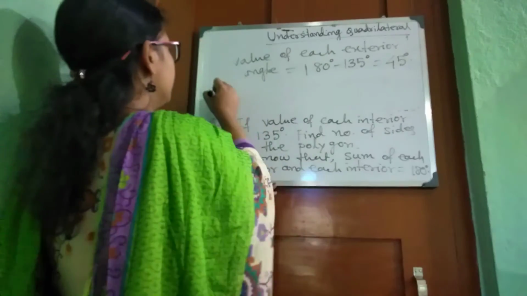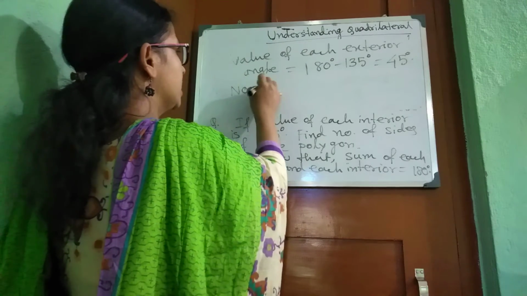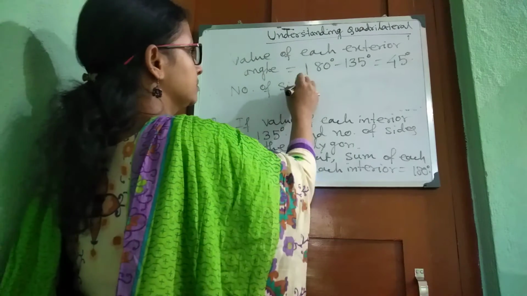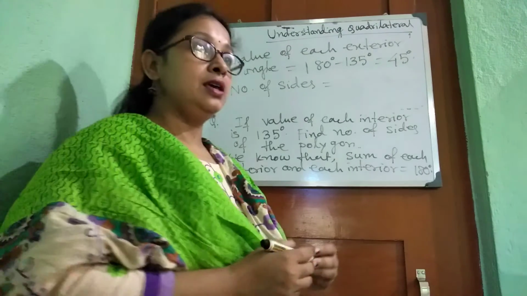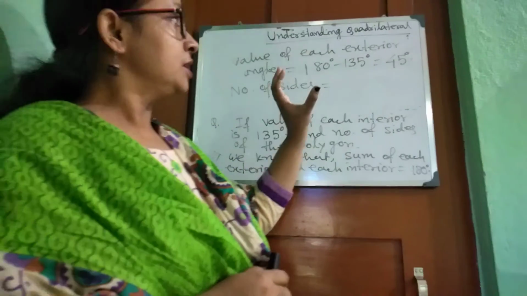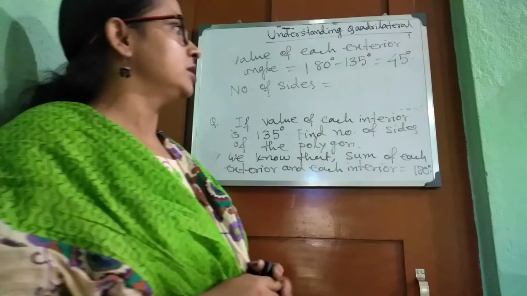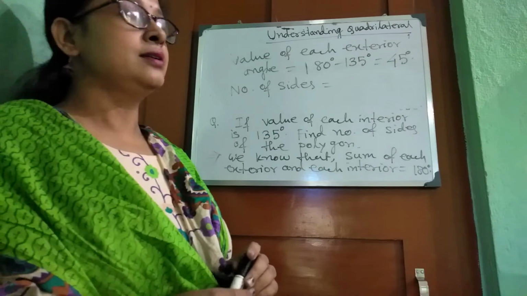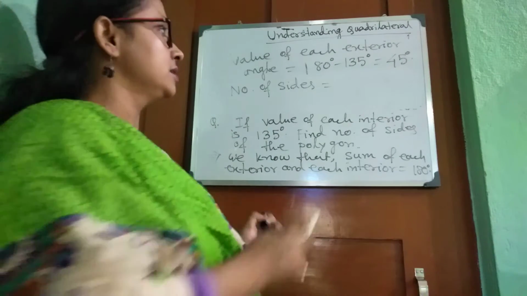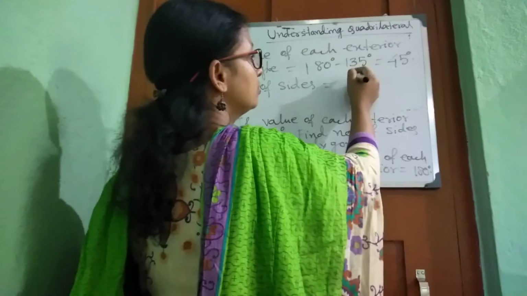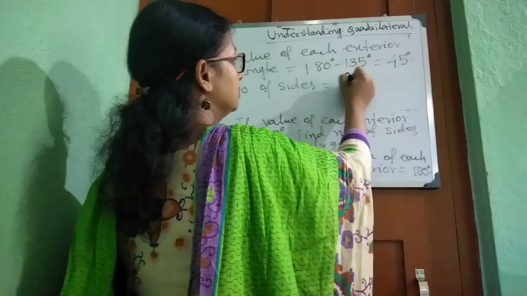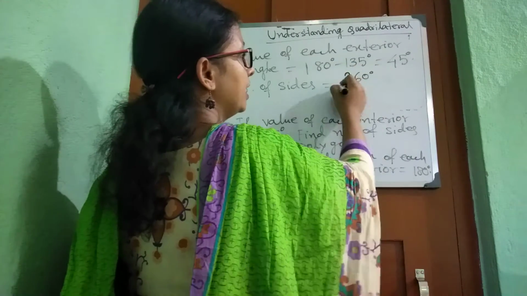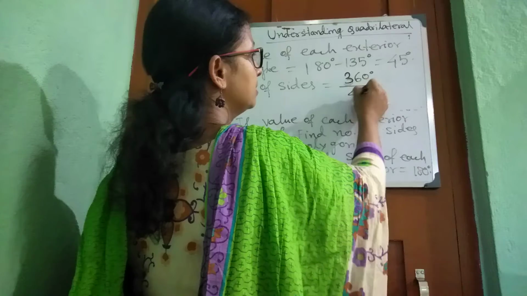Okay, now what will the number of sides be? Therefore, number of sides is equal to the total exterior angles of any polygon divided by each exterior angle. So we know the total value of exterior angles is 360 degree and each is 45 degree.